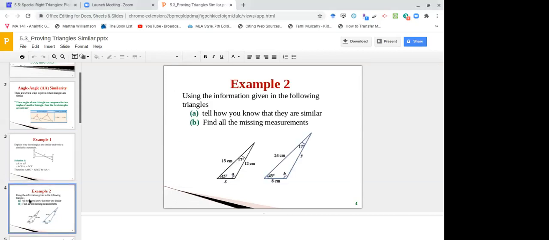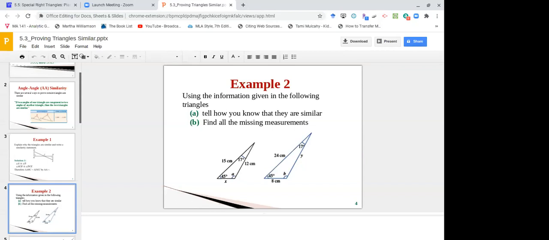Let's look at another example here. Using the information given in the following, tell how you know they're similar and find all the missing measurements. Well, you have 17 degrees at the top vertex. You have 17. You have 45 on the bottom left. So two angles of one triangle are congruent to two angles of another.